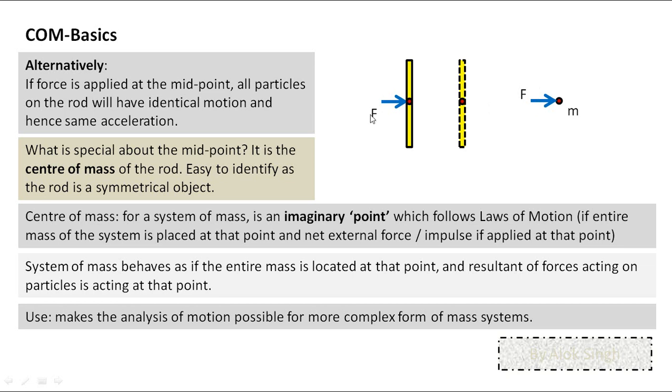So this arrangement is equivalent to this arrangement for the purpose of analysis of motion of center of mass of this rod. So we can reduce a more complex mass system into a simple single particle object.